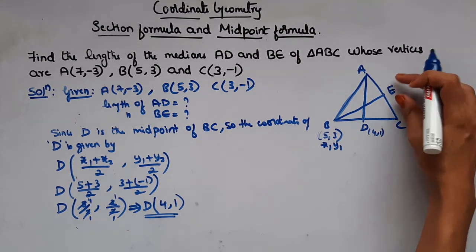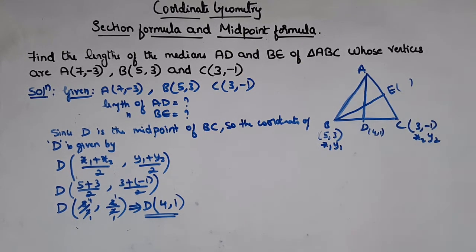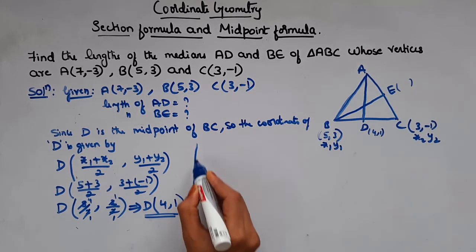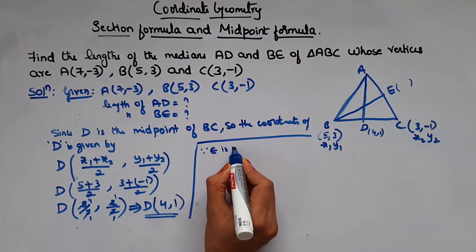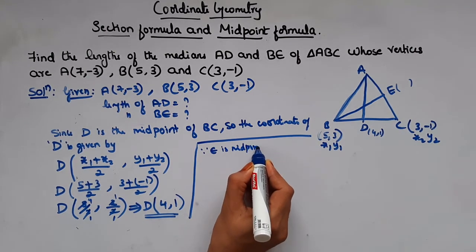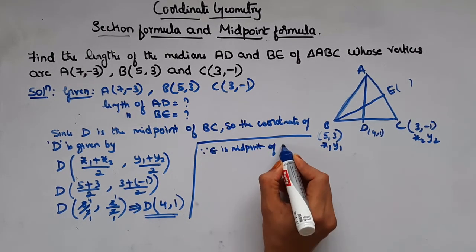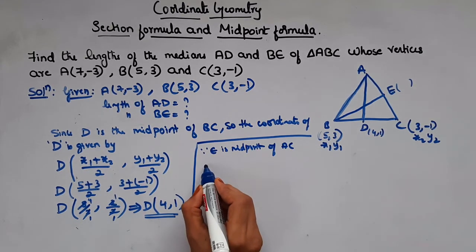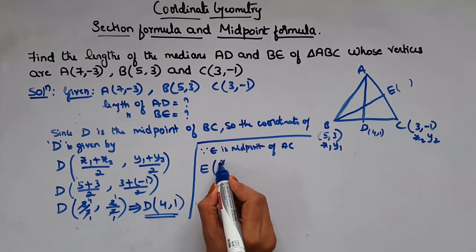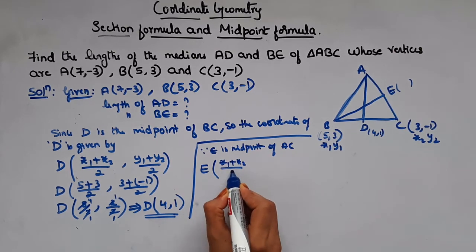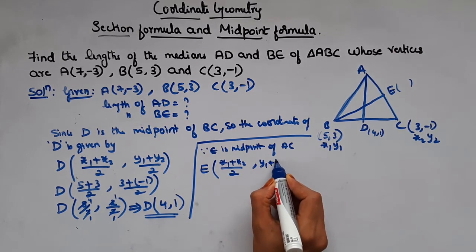Similarly, we will find the coordinates of point E. Since E is the midpoint of line AC, the coordinates of E are given by the midpoint formula, (x1 plus x2) by 2, (y1 plus y2) by 2.